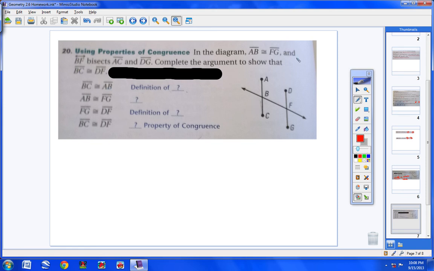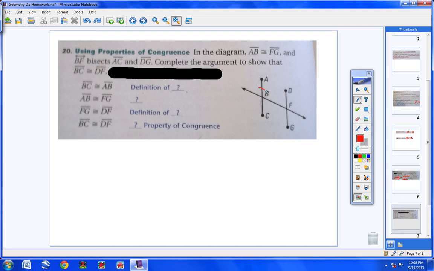Let's actually pick up our information here and write it on this diagram. AB is congruent to FG. Okay? So I know that this segment here is congruent to this segment here. So that's pretty obvious. And BF bisects AC and DG.